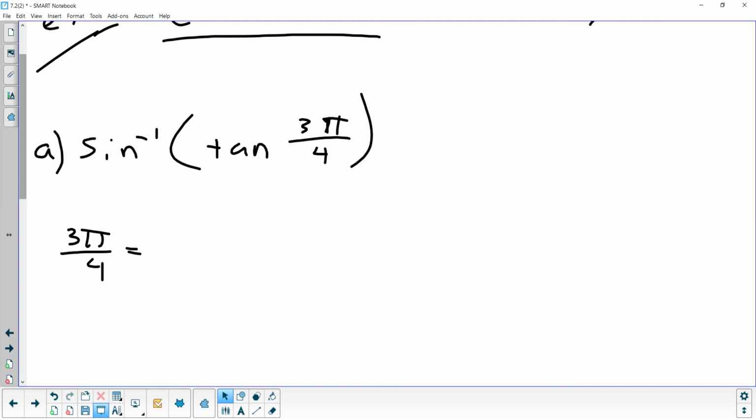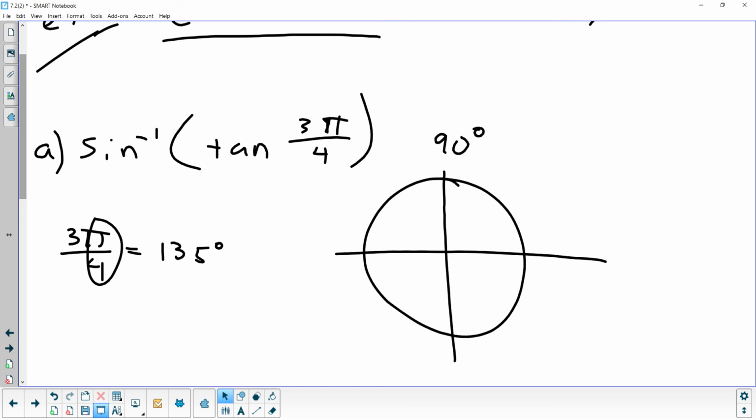Pi over 4 is 45. So 180 is pi. Yep, 135. So what I want to do now is on a unit circle, draw a 135 degree angle and figure out the tangent of it.